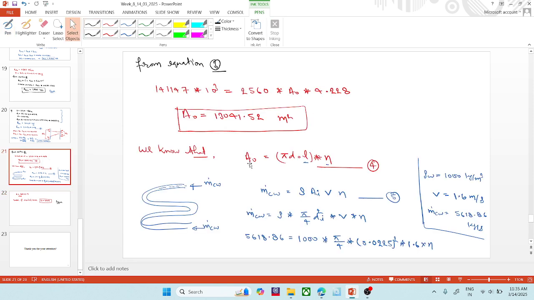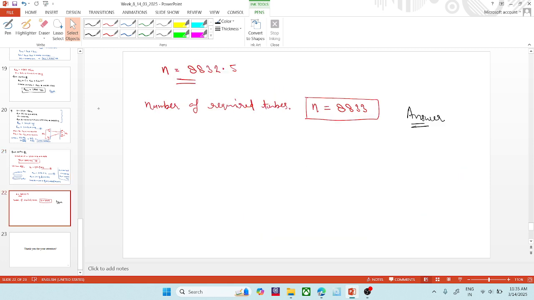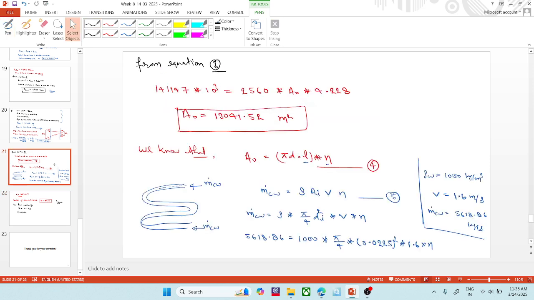Now we will go to equation number 4. The equation 4 was A naught is equal to pi d naught L n. So we are having all the values. We will just put the values here. This is 13041.52. Let me check it is the correct value of A naught.